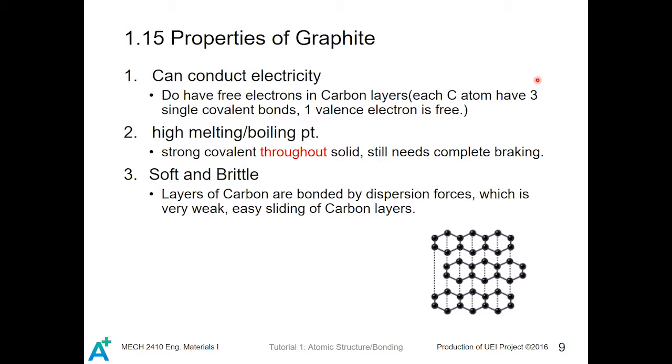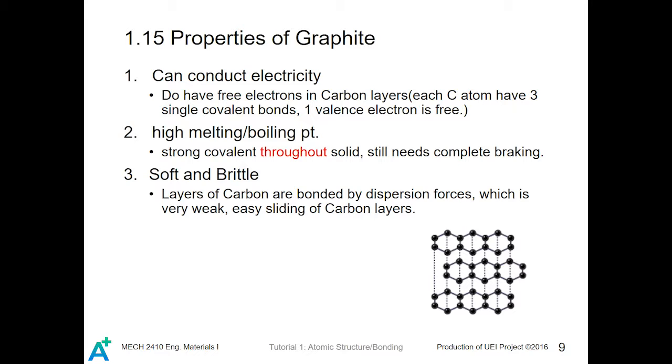For graphite, it is quite special. The first thing, it can conduct electricity because it does have free electrons in the carbon layers. Each carbon atom in a single layer is bound by 3 single covalent bonds, but there is still one valence electron, which is free. And it has a high melting and boiling point, for the same reason as the ceramics: there are strong covalent bonds throughout the layers of the solid, so you still need complete breaking.